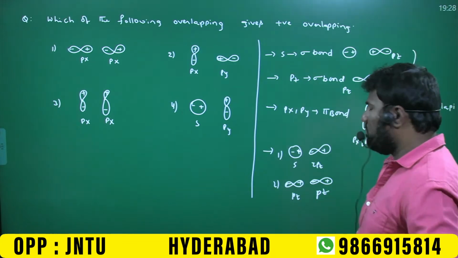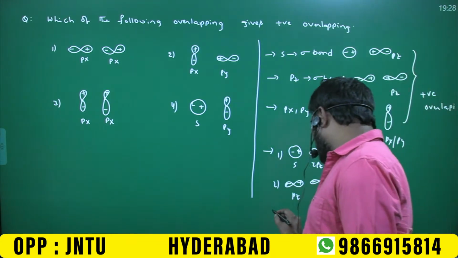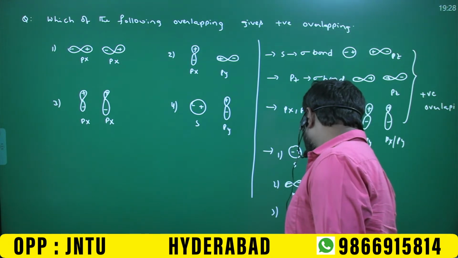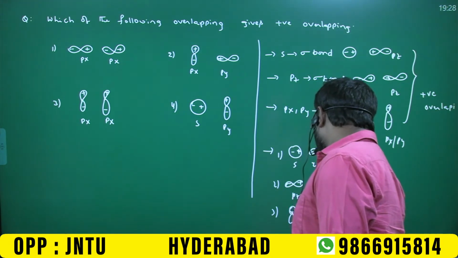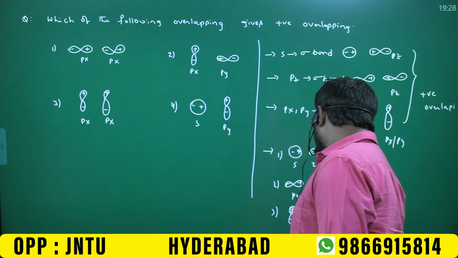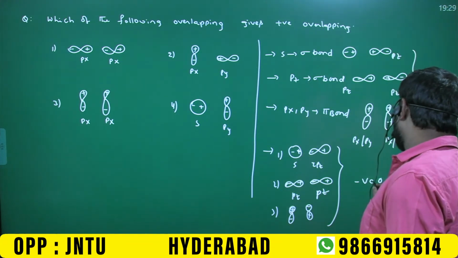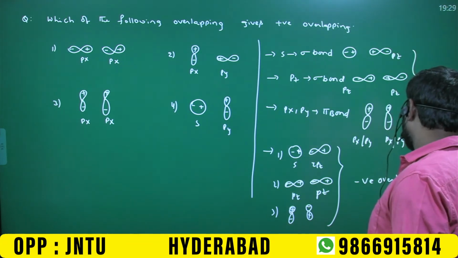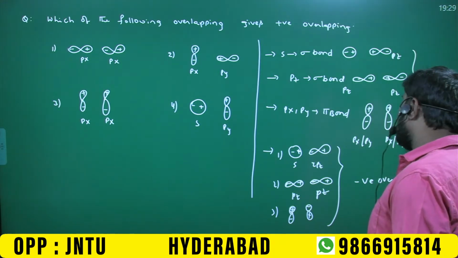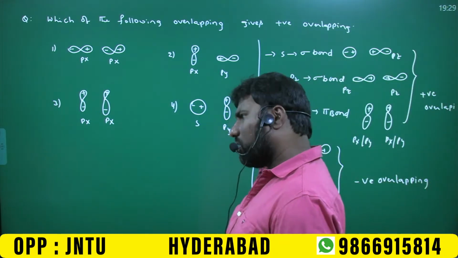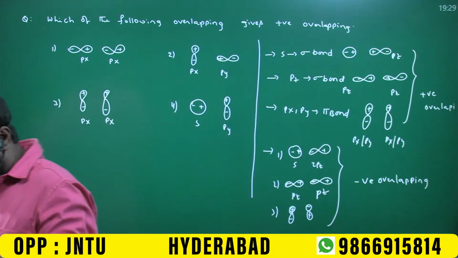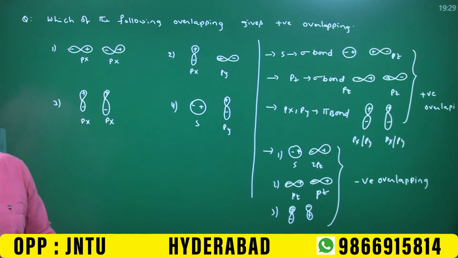And finally, the third one, this is px or py, plus minus, minus plus. This is called negative overlapping. If the signs are identical, either plus plus or minus minus can bring positive overlapping. Plus minus or minus plus can bring negative overlapping.